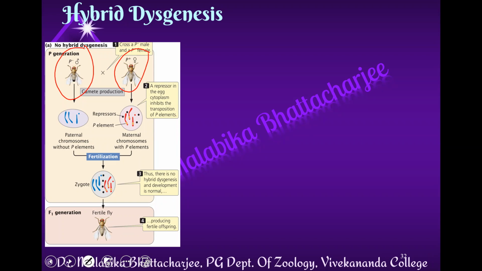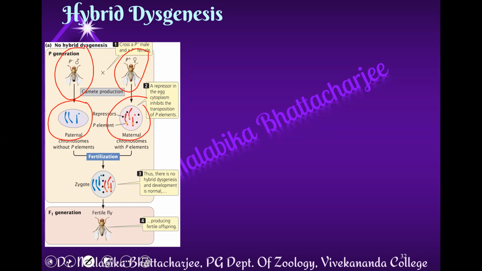Now such flies produce gametes. So we have a sperm and we have an egg. Since the male fly is devoid of any P element, the cytoplasm does not contain any extra proteins. But since the female fly has these P elements, which are segments of DNA that can jump, and since that is a risky phenomenon, the female fly also produces certain repressor proteins which prevent the jumping out of the P elements.